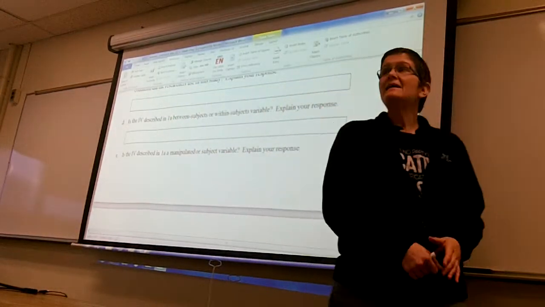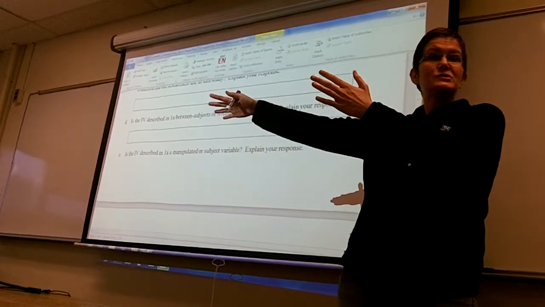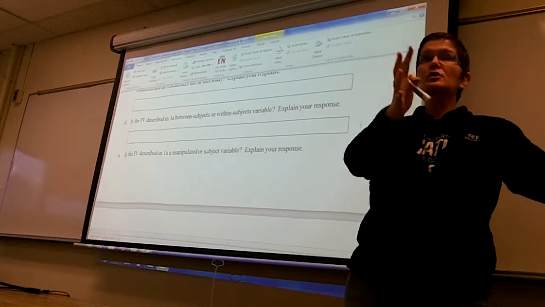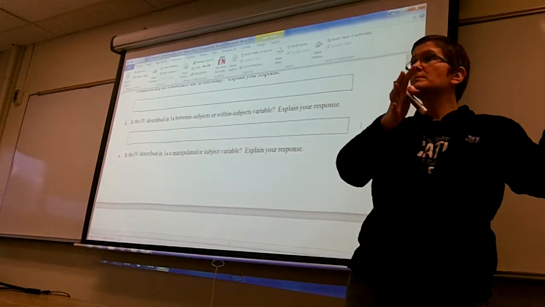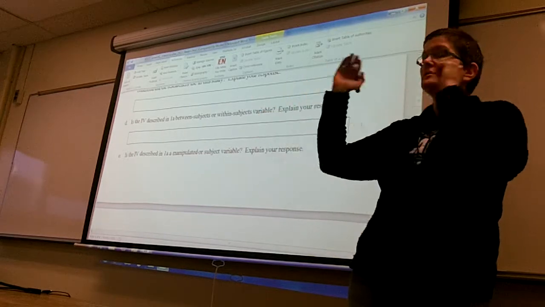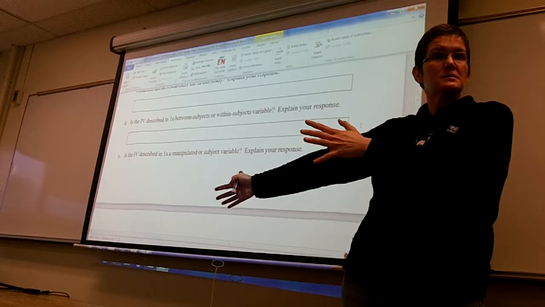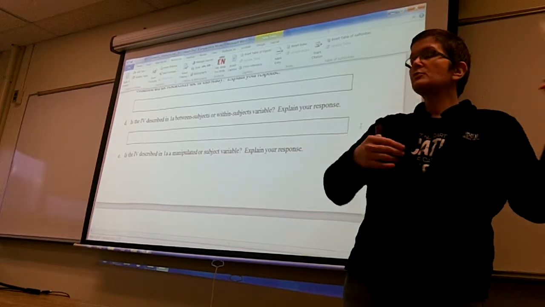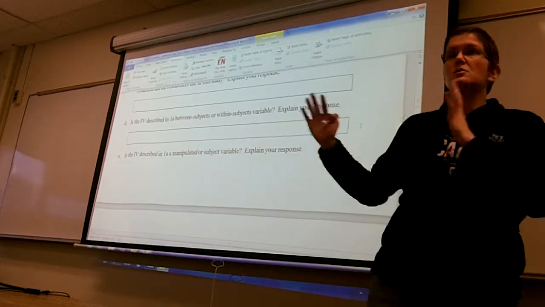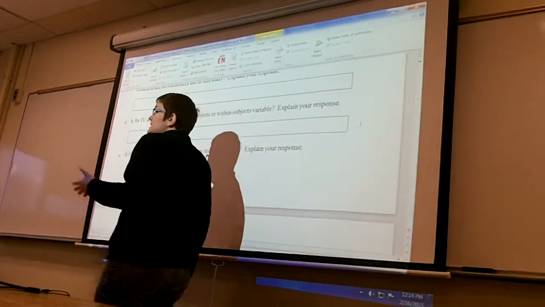Okay, so they either did active learning or they did passive learning, but they didn't do both, right? So we have one group of students in the control group, another group of students in the experimental group. Those are separate groups of students, right? They even were separate semesters. Control group was in the spring, experimental group was in the fall. So totally separate groups, independent of each other. Okay, so that's between subjects.